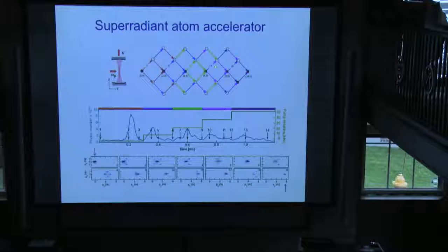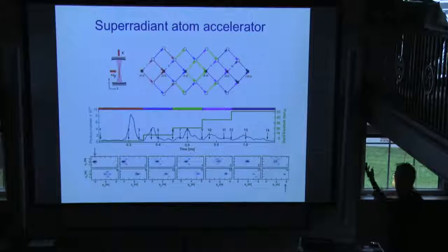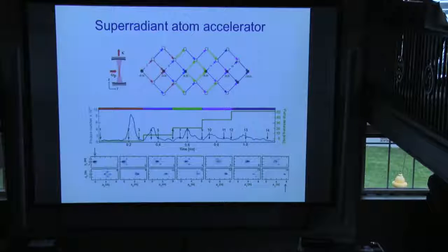Well, a game that we've played is to make a superradiant atom accelerator, starting with the atoms in the 0,0 state, and then first dialing in the 2 Eureka process, going here, and so on. You can do that forever. However, you have a trap, and at some point the atoms roll up the potential in the trap, and that terminates it. So you see what you have to do to go from here to here to here.